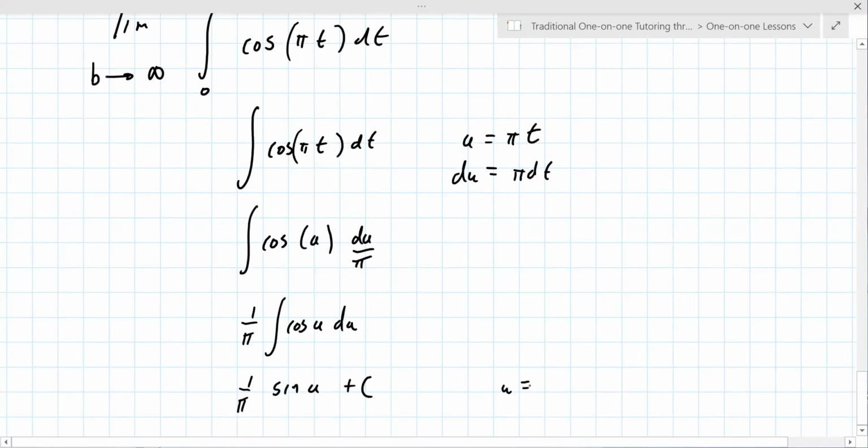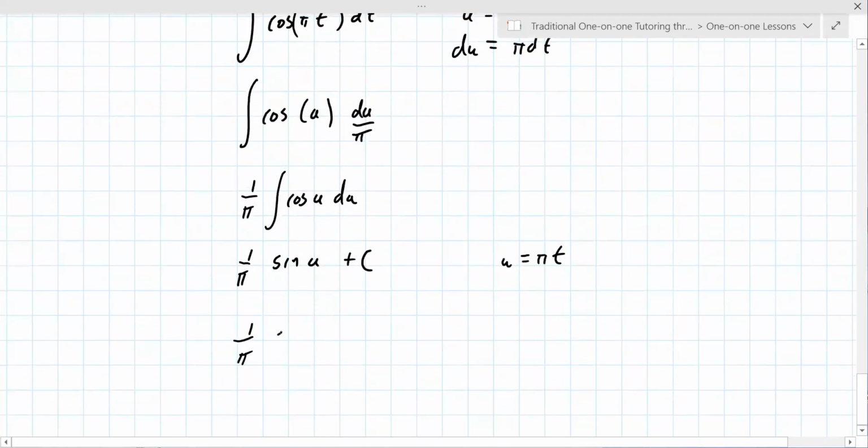And u is really pi t. So this becomes 1 over pi sine pi t plus c. But we only care about this first part. The constant doesn't come into play here. So this is the part we've got to take: 1 over pi sine pi t.